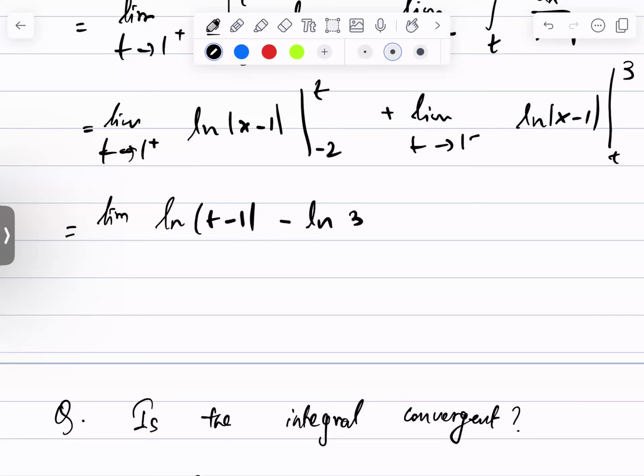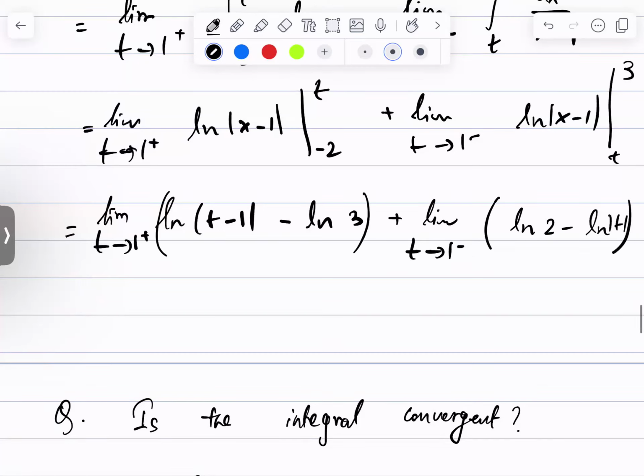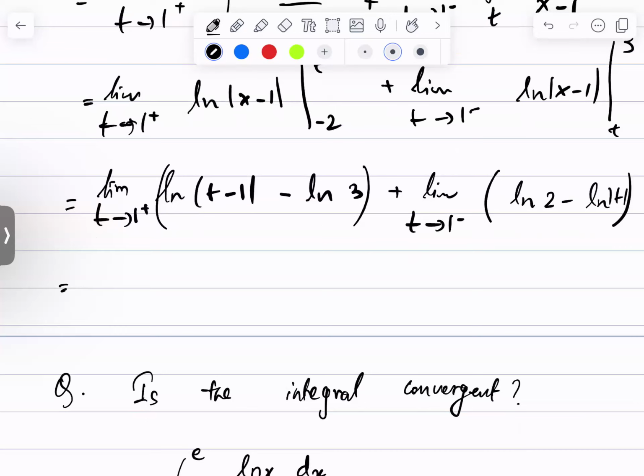And then limit t tends to 1 plus, limit t tends to 1 minus, and then you have ln 2 minus ln modulus of t minus 1. Now if you put t equal to 1 there, you'll get ln 0, right? And then minus ln 3 plus ln 2 minus ln 1.